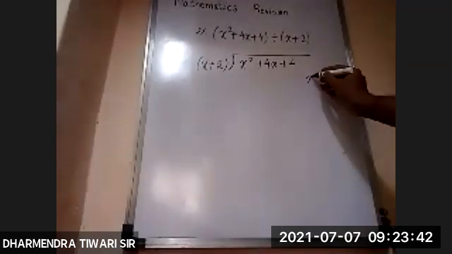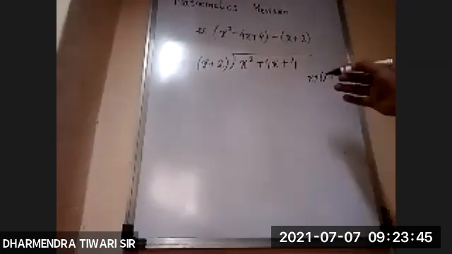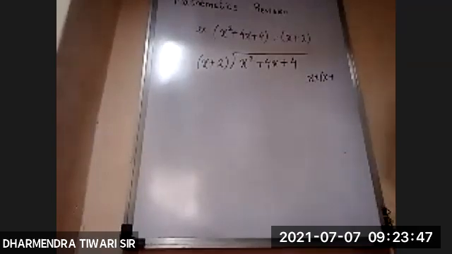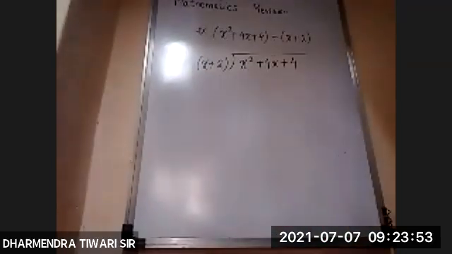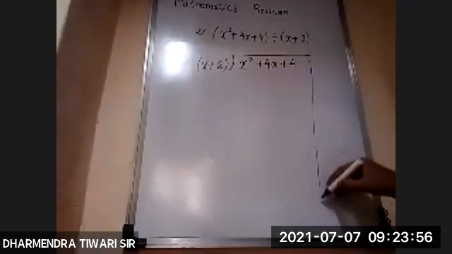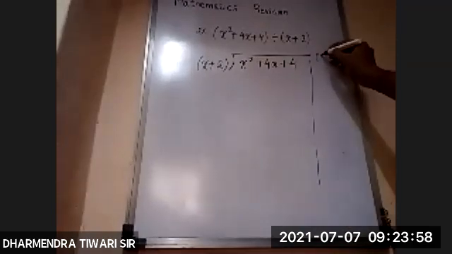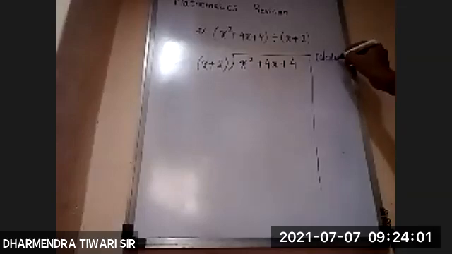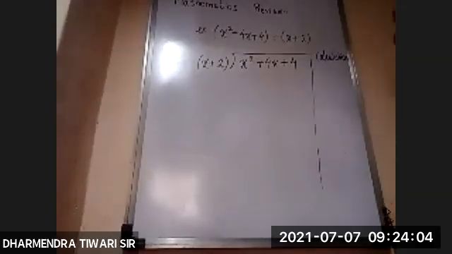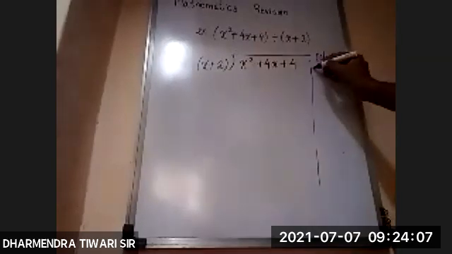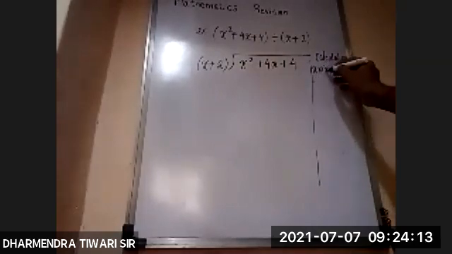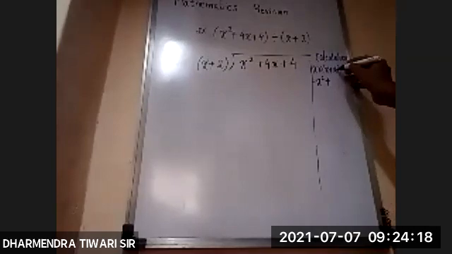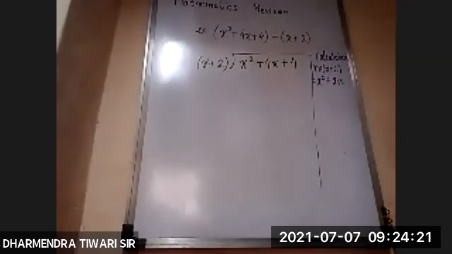I will do the calculation with a different pen marker so that it will be visible. We should multiply x to x plus 2. X when multiplied to x is x square, plus x when multiplied to 2, we got x square plus 2x.